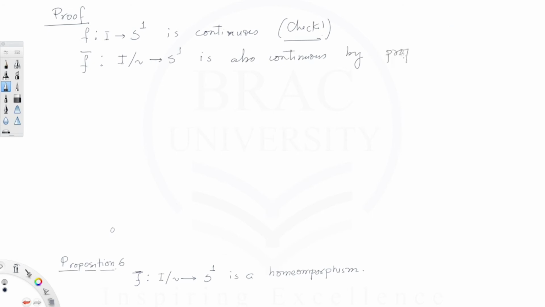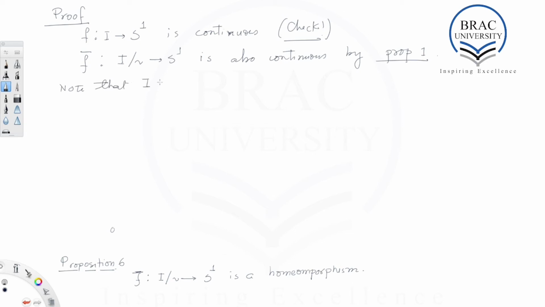Also, note that I, equal to this closed interval in R, is closed and bounded, and hence by the Heine-Borel theorem, I is compact.